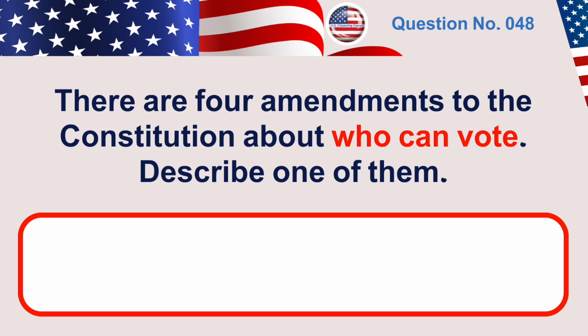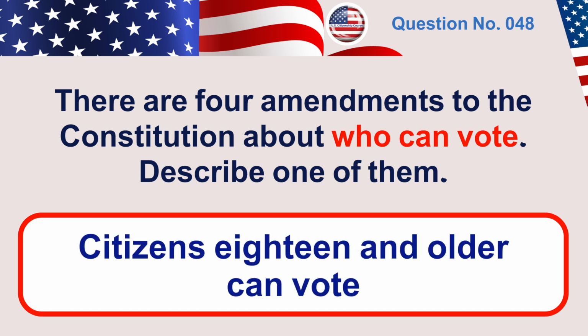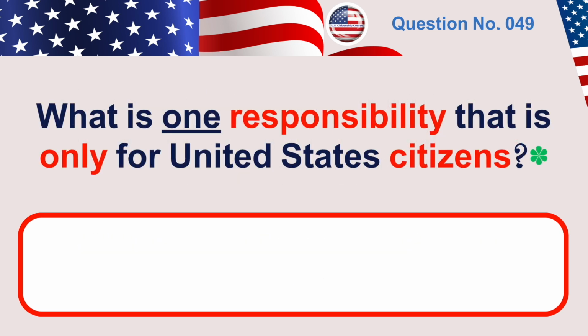There are 4 amendments to the Constitution about who can vote. Describe one of them. Citizens 18 and older can vote. What is one responsibility that is only for United States citizens?